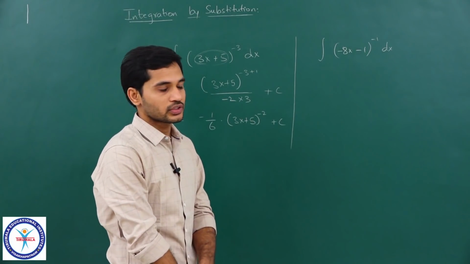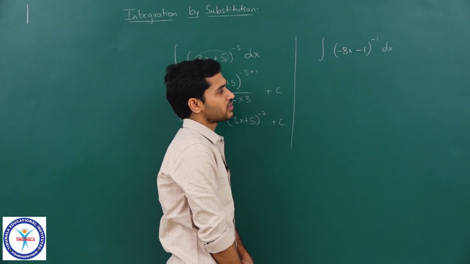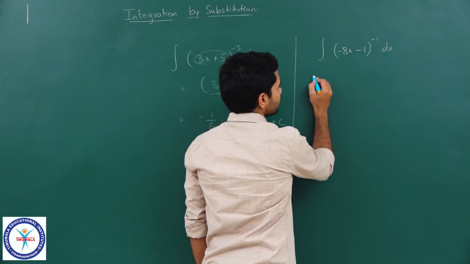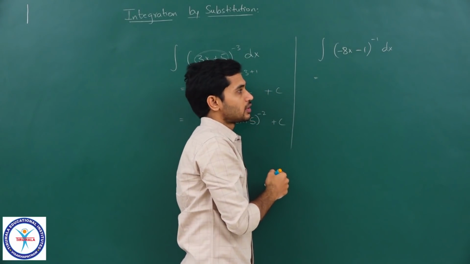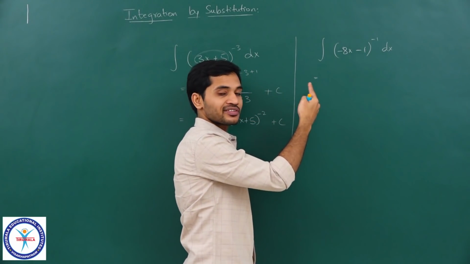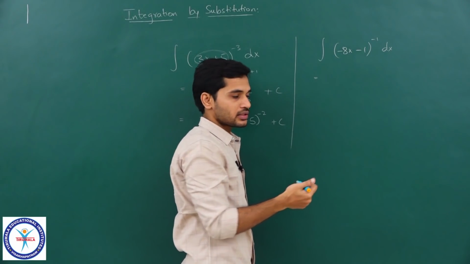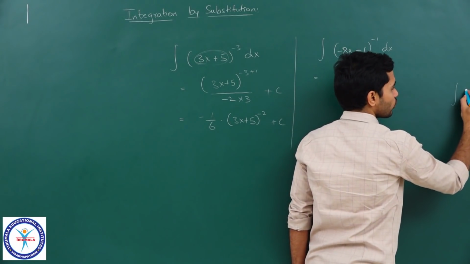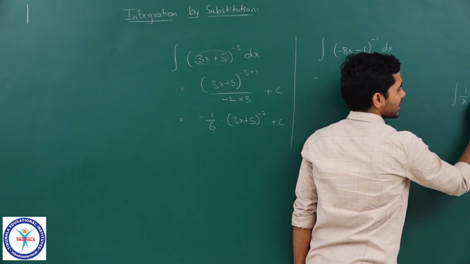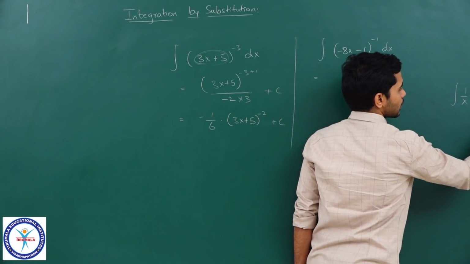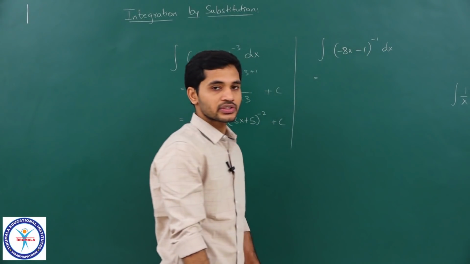Let us solve for this, clear. Now if you observe closely, here we have this particular term, right. I have told you that whenever the power is minus 1, when you integrate that you will be getting a ln term, right. You remember this, integral of 1 by x into dx is ln x, correct.